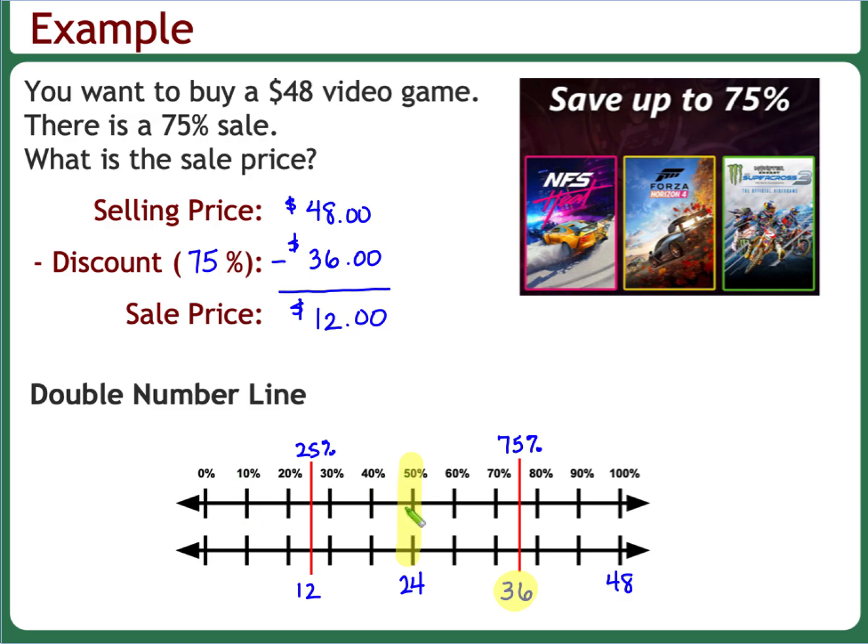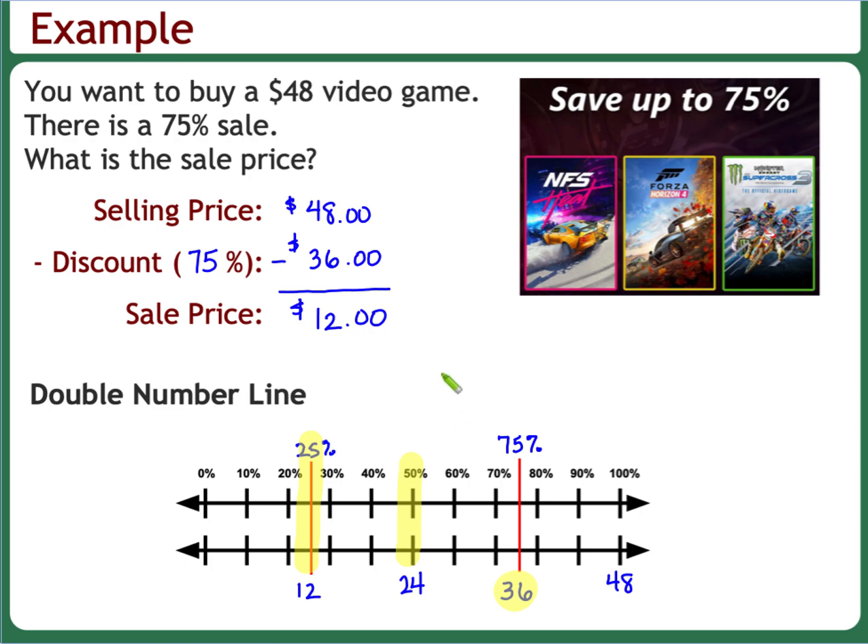So what I do when I'm doing 25% or 75% is I just take half of 50%, because half of 50% is 25%. So half of 24 is 12. And now I know 3 times 25 is 75. 3 times 12 is 36. And our discount is 36, so the sale price is $12.